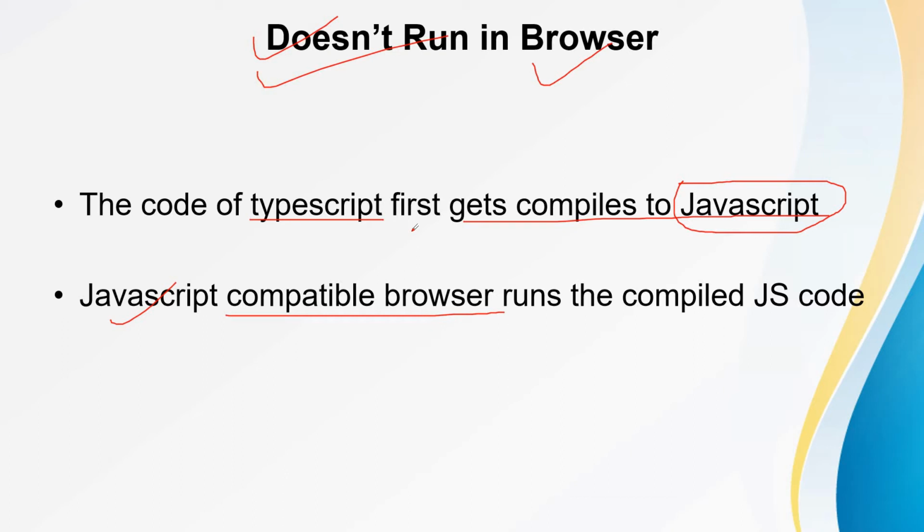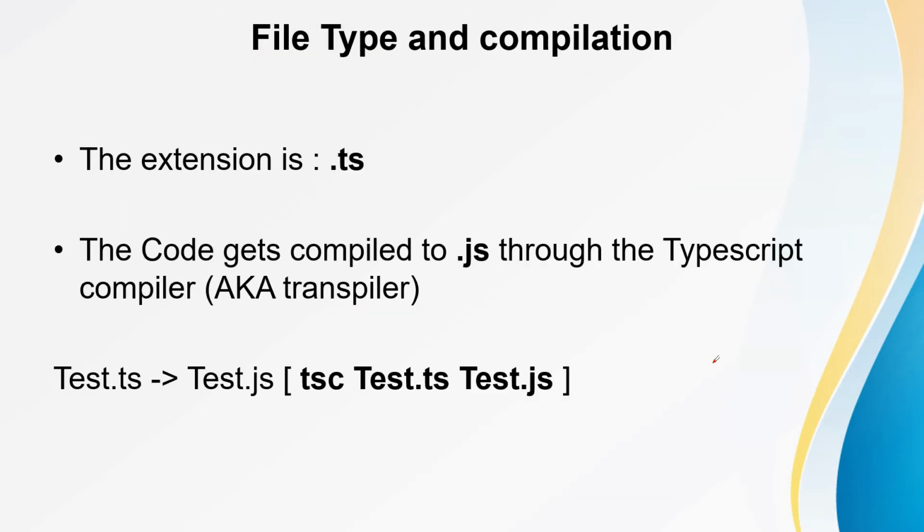So when you compile the TypeScript files, they get converted into a JavaScript file, and that JavaScript, after the compilation of the TypeScript file, is what gets executed in the browsers. Okay, so let's move ahead.